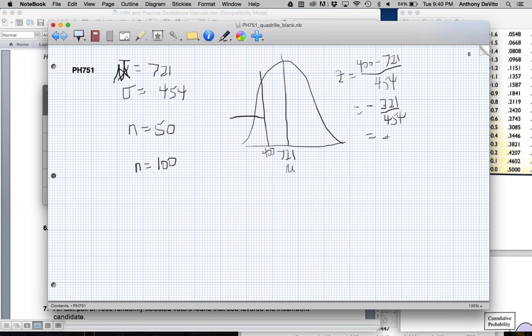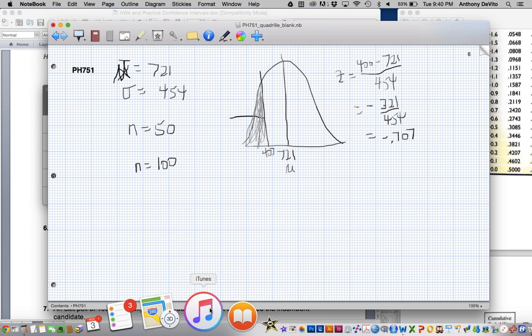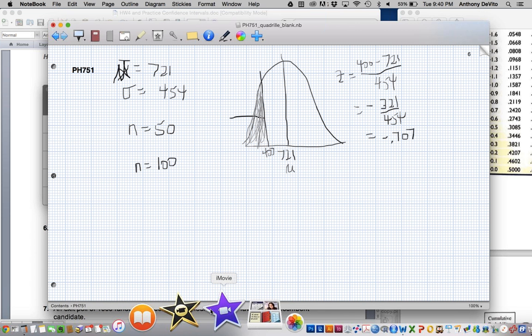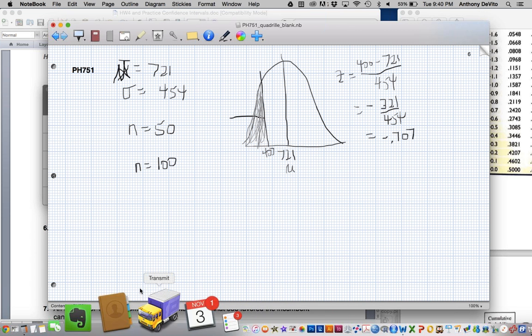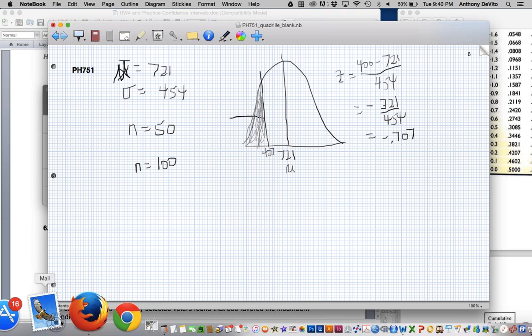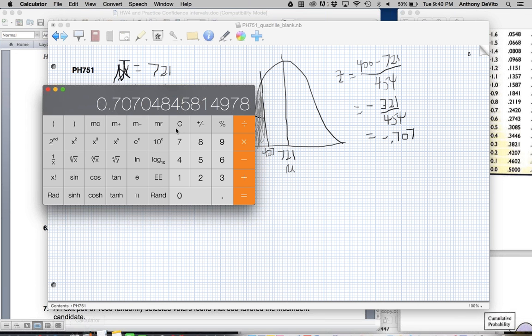Okay, that's our z-score, negative 0.707. So to find this area, we would go to our z-table, or we could use our Excel spreadsheet. I think I uploaded a chart with the Excel formulas embedded for you guys, right? Tell me if that doesn't ring a bell with you. Let me know, and I'll make sure that it's on Blackboard somewhere, or at least give you a link to where it is.